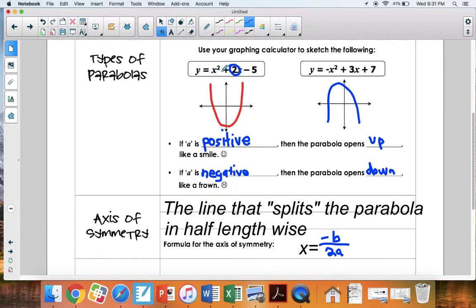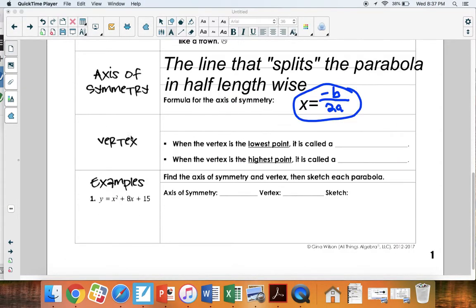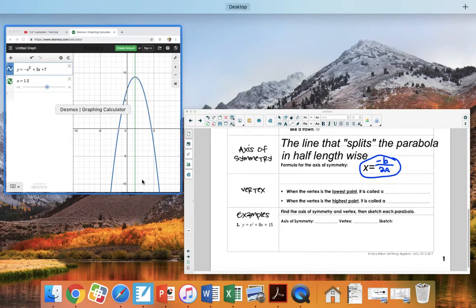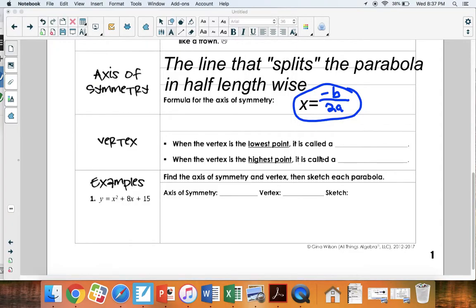We're going to use the a and the b from our quadratic formula. Now the vertex: if the axis of symmetry is the line the parabola can fold over, the vertex is either the lowest point or the highest point. It's the point at which the parabola turns on itself.